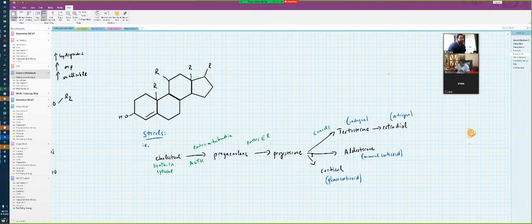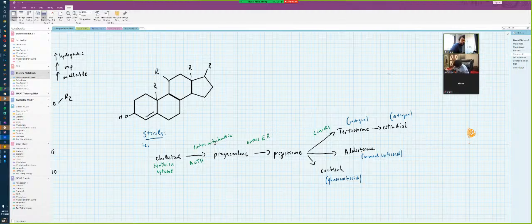Now if it goes into the gonads, it'll turn into testosterone, which is an androgen, meaning it's going to produce male characteristics. And testosterone can turn into estradiol or estrogen. And this is the same for everyone.